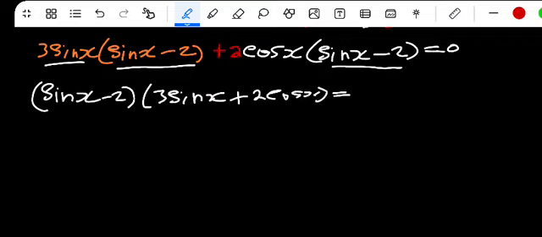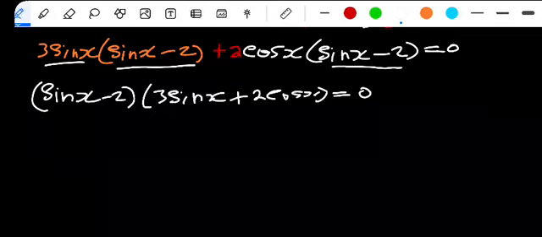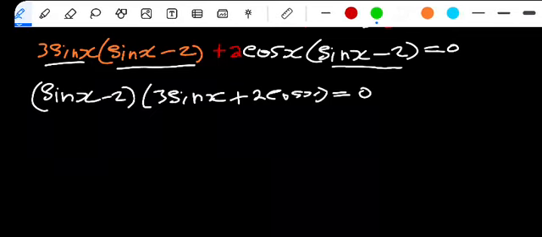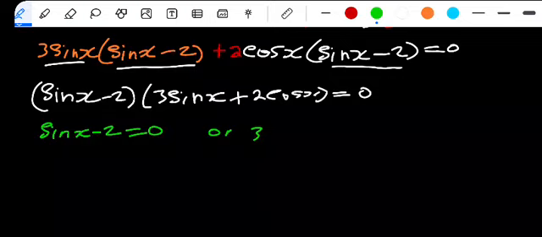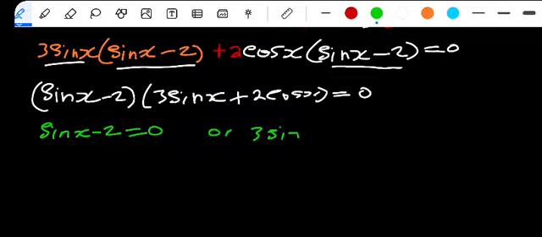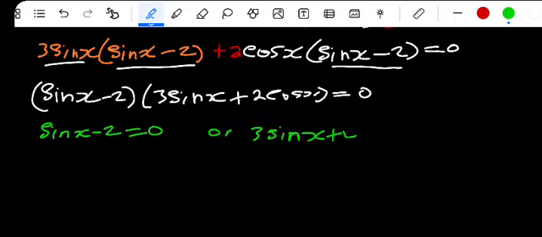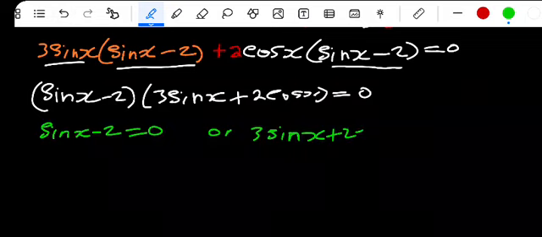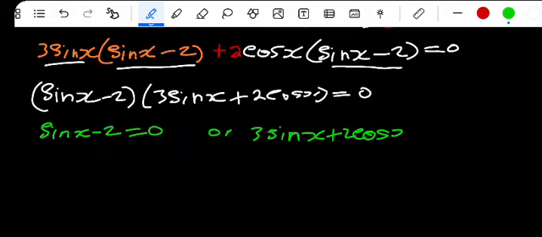All of this must give us 0. So sine x minus 2 must be equal to 0, or 3 sine x plus 2 cos x must be equal to 0.